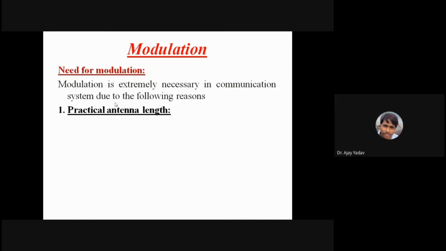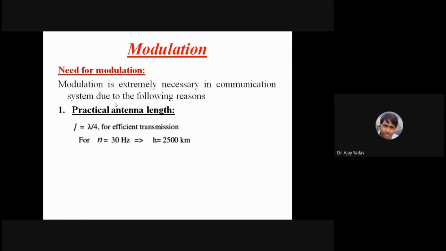Okay, so why is modulation required? Because of the length of the antenna requirement. The derivation shows, we will not derive the formula, this derivation is available in any electrical engineering book.